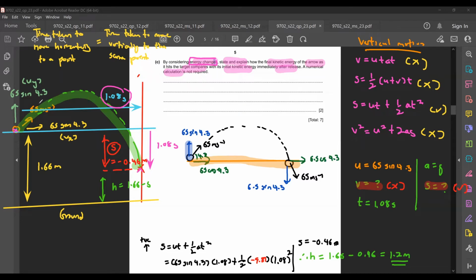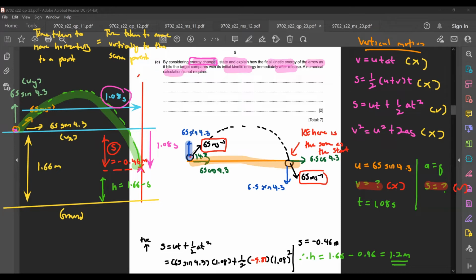So this one here, you will notice it was 65. The conclusion you can draw here is that the KE here is the same as the start, because your velocity is the same as the starting point.